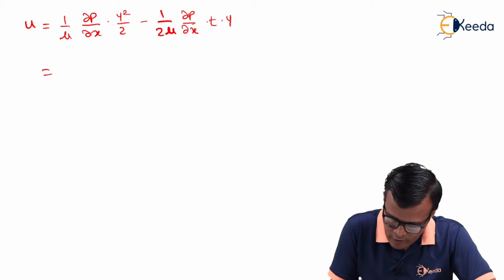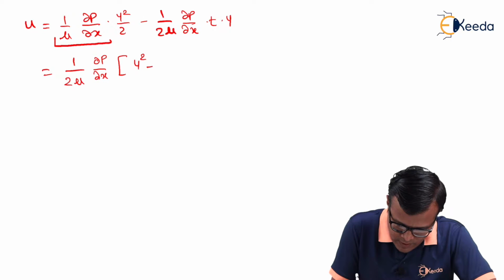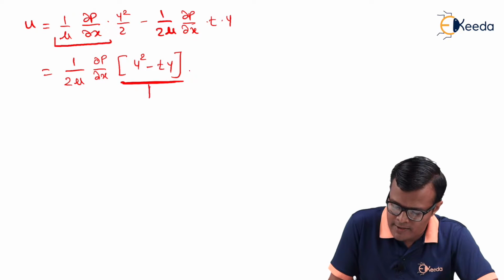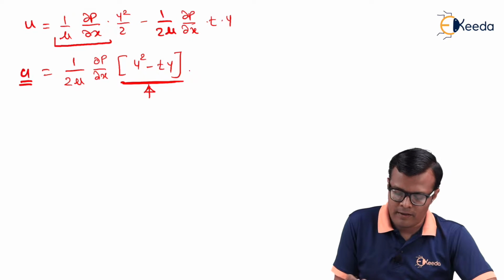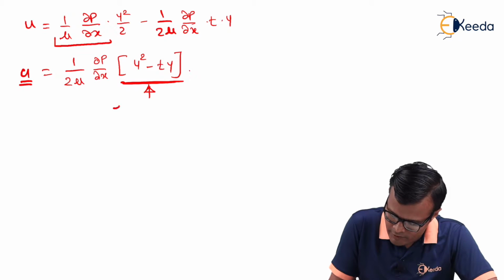So taking the common term 1 upon 2 mu delta p by delta x, this equation becomes y square minus ty. So here it is also clear that y square minus ty is what the velocity u depends on. If we consider the variation of u, it is nothing but the equation of a parabola.